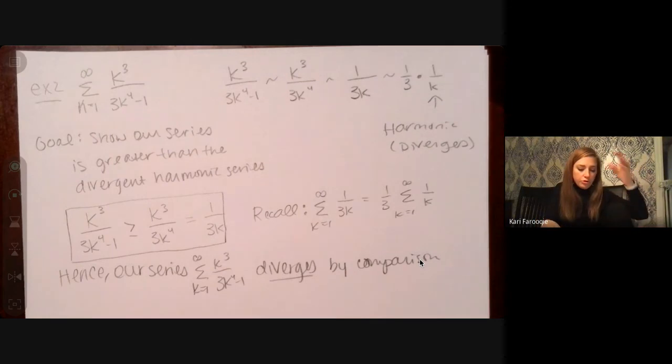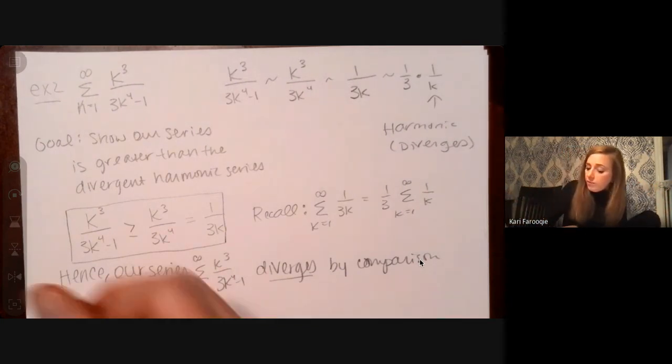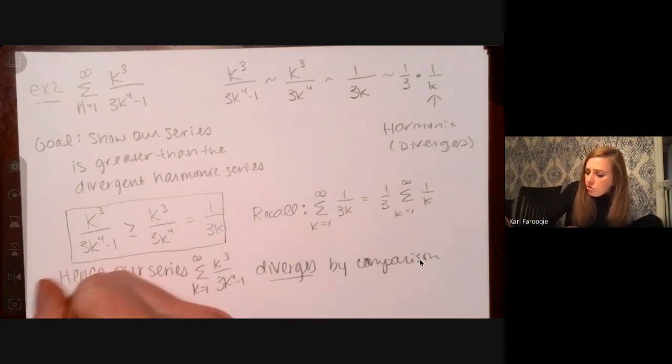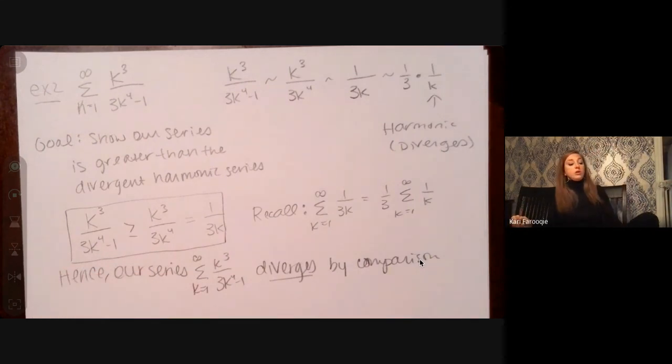Actually, maybe I should do two more. No, one more is good. Sorry, I had a plan, and sometimes I have a plan and then I change it at the last minute. Okay, example 3. I'll just do one more, and then we'll call it a day.